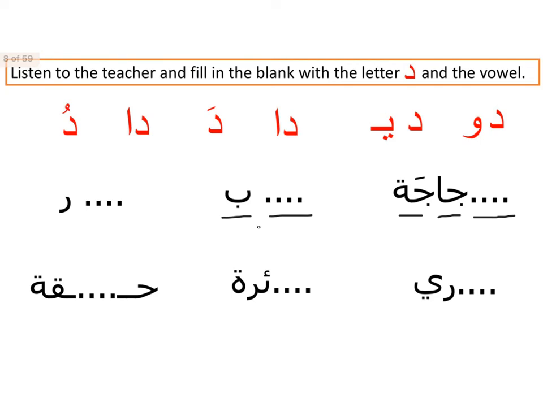Dub, du. So which one of the letters above, the red ones, you should fill in the blank here? Next one, dar. So here you need to write da. Which one is da?